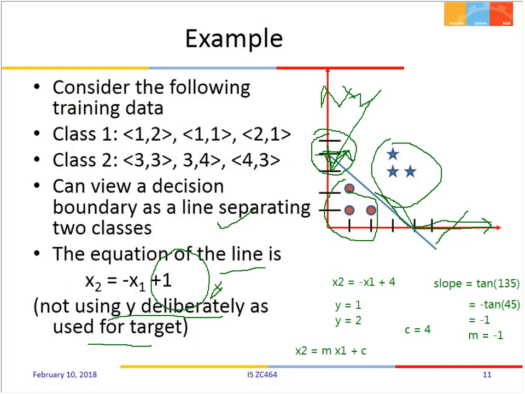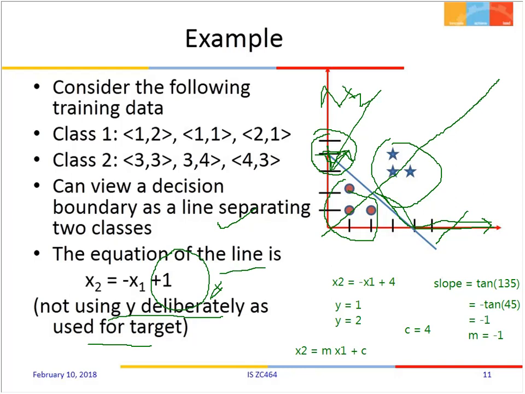So how are 135 and 45 different? 135 is measured from the positive side of the x-axis, that is why we are taking 135. Otherwise, if you take a line at a 45-degree angle from the x-axis, you will get this other line.